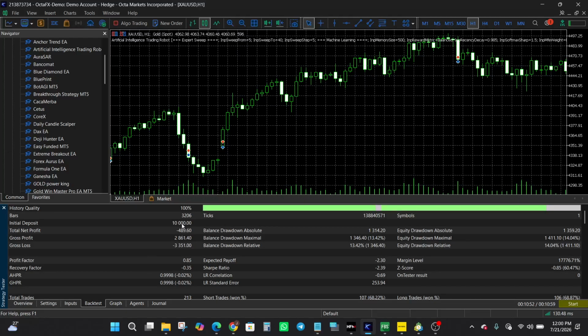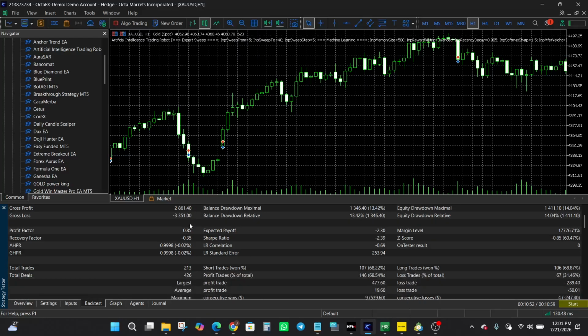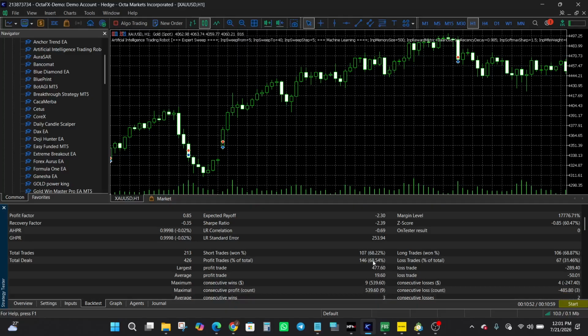So here is what the numbers actually showed. Over that period, the EA executed 213 completed trades, and the win rate came out fairly high, right about 68 percent, precisely 68.54%. That's the overall win rate.